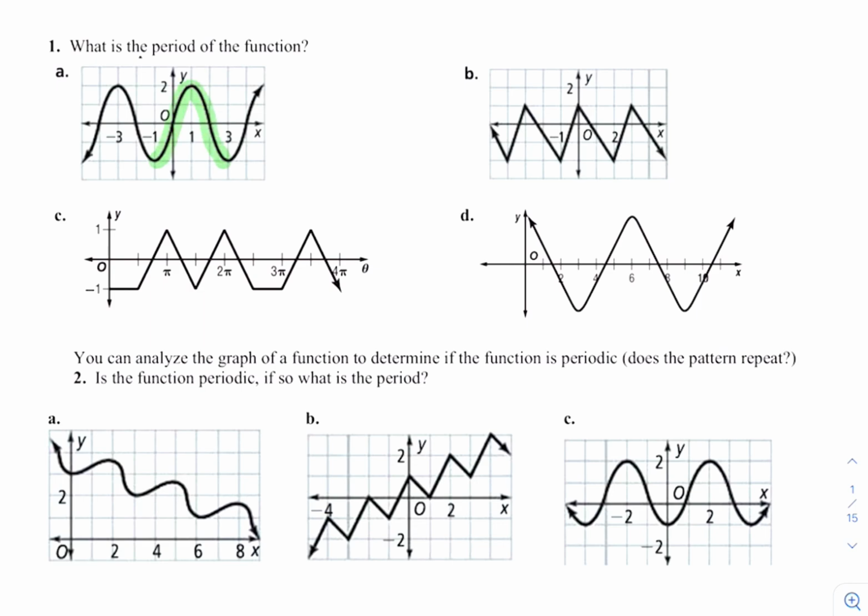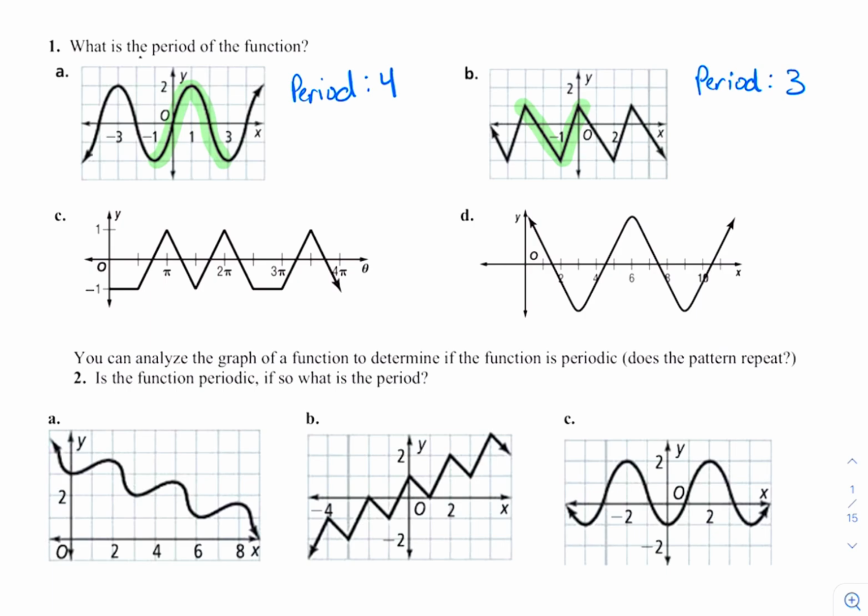So my length would be 1, 2, 3, 4. So the period of my function is 4. Let's see here. So here could be a cycle. If I'm counting my length, this would be 1, 2, 3 for the period. Now, if you picked a different cycle, that's fine, as long as your period is the same as mine.